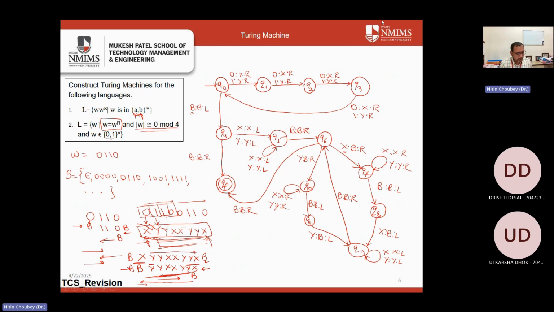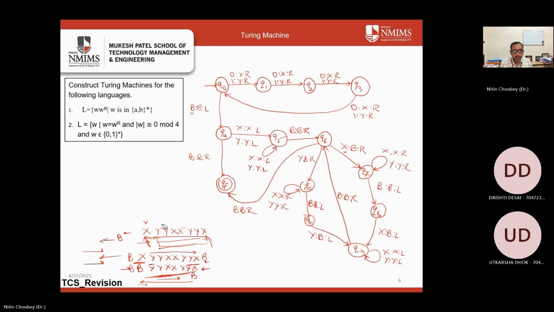Yes, sure. Basically, what we did is, first we check for the length of string. Is the length of string a multiple of 4? That task we achieved through the various states ranging from Q0 to Q3.